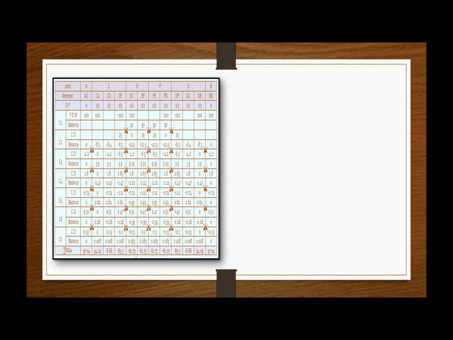Our distribution factor, na-solve na natin ito kanina. So, our joint A, member AC is equals to 0. Also, our joint C, member CA is equals to 1/3 or 0.3. Also, member CD is 1/3, CE 1/3, and our member EC 1/2, EF 1/2 also.